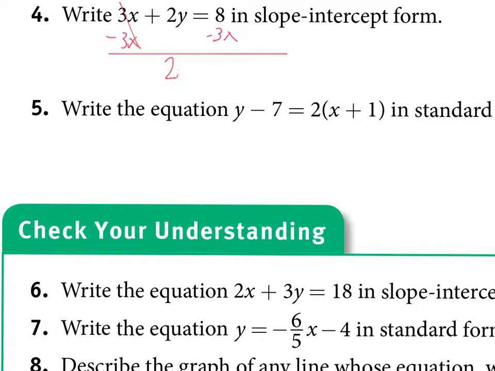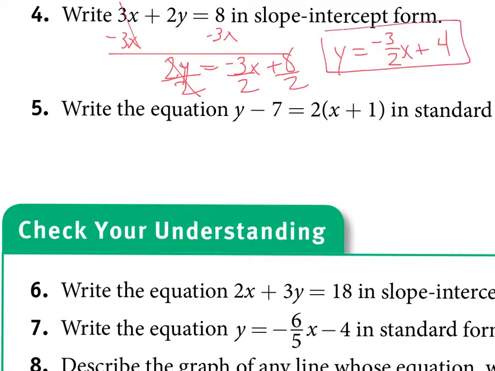Okay, so I have 2y equals -3x plus 8. Then just simply divide everything by 2. So y equals -3 over 2 x plus 4. That's it.